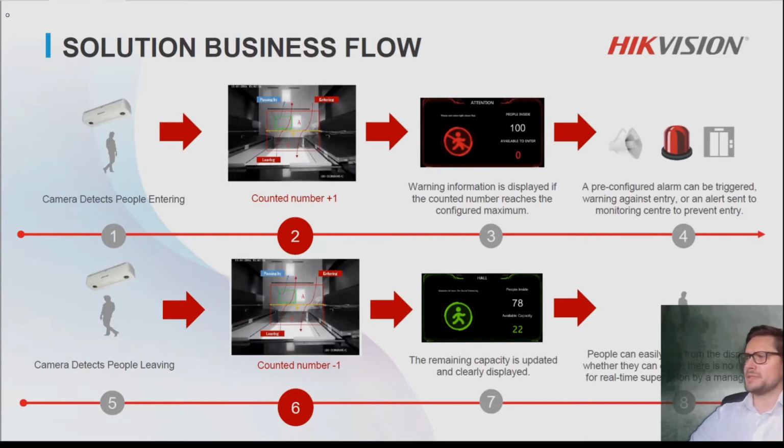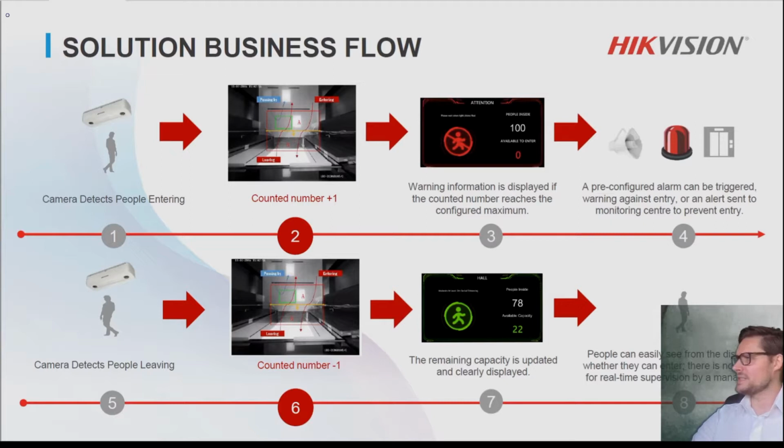The camera detects people entering and leaving, and it just keeps count. If you would like to set up a threshold, like how many people are allowed in the shop, you can enter that in the camera settings or recorder settings, and make sure there will be no more than the actual allowance for the shop.